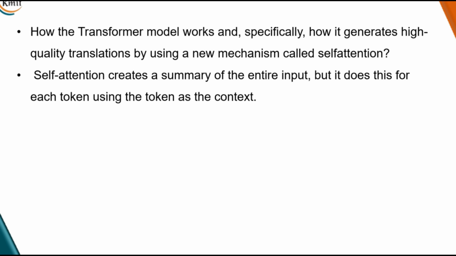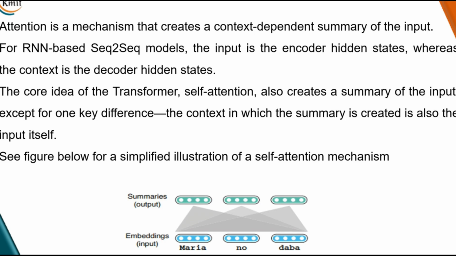But self-attention creates not one summary for the entire input, but a summary for each token. That is, each word will have its own summary generated, instead of one sentence summary as in the attention mechanism.